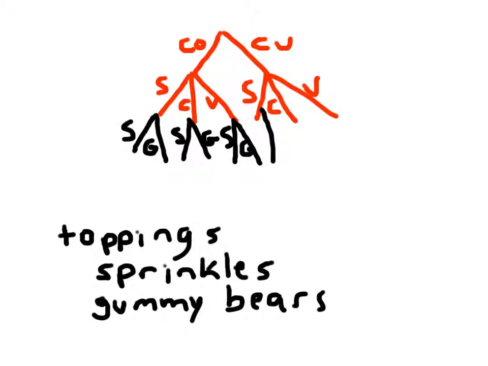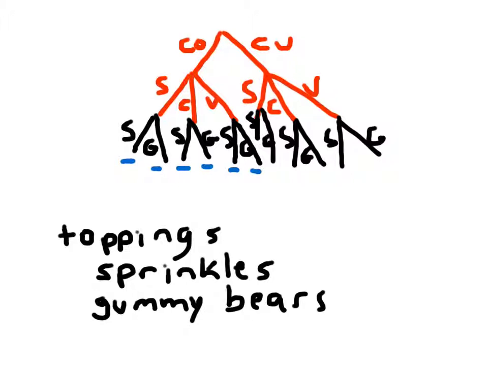Cup with strawberry, sprinkles or gummy bears. Sprinkles or gummy bears. And then now, possible outcome-wise, we have 1, 2, 3, 4, 5, 6, 7, 8, 9, 10, 11, 12.